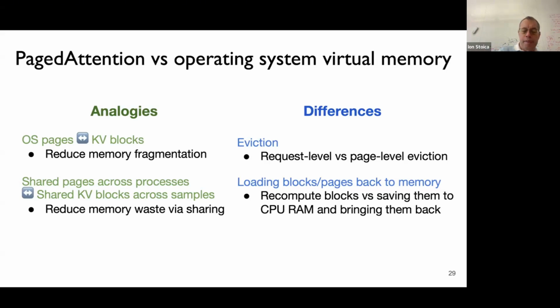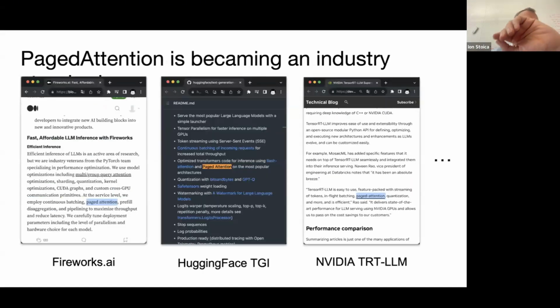But in this case, when you need to compute the next token, you use all the tokens before that. So if you evict some of the tokens in that prefix, you can evict the entire request, right? Because if I have all the tokens but one, I still cannot generate the next token, right? So there are these differences compared with virtual memory in an operating system.